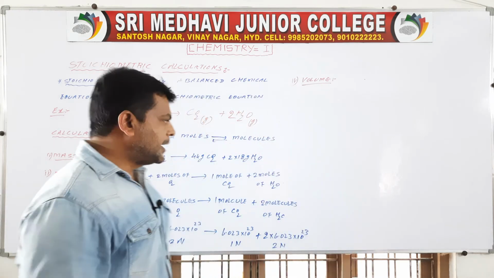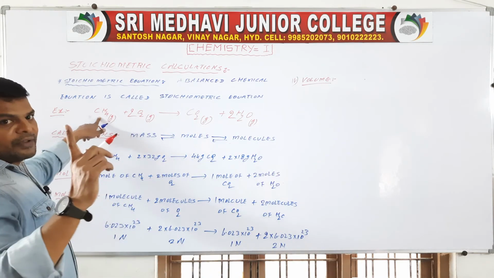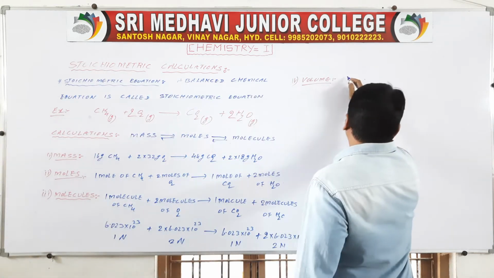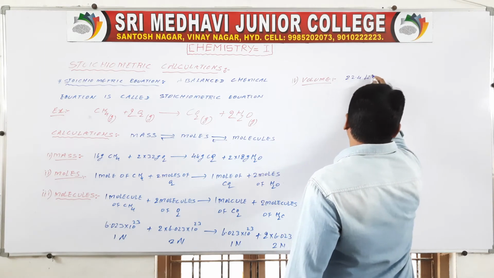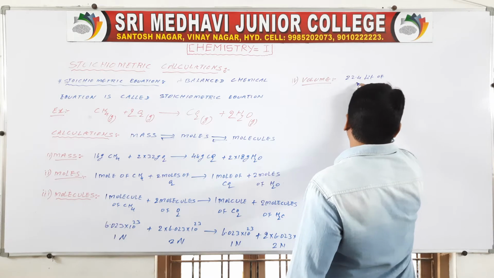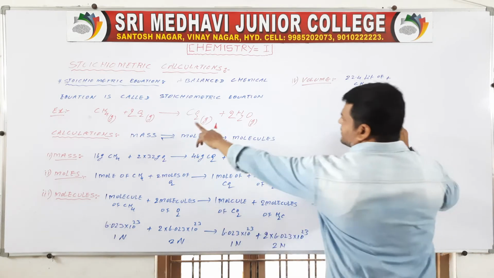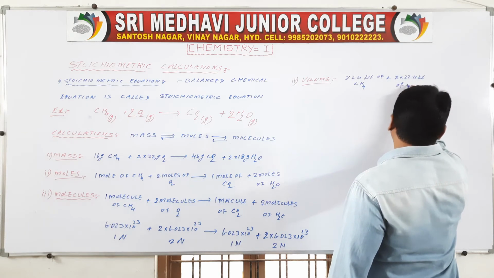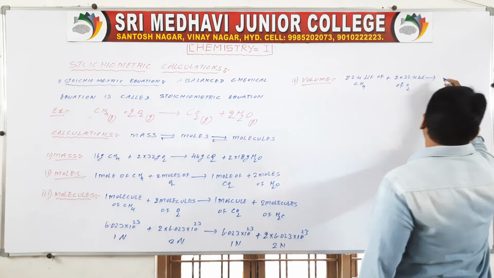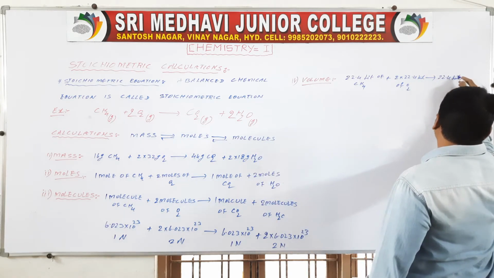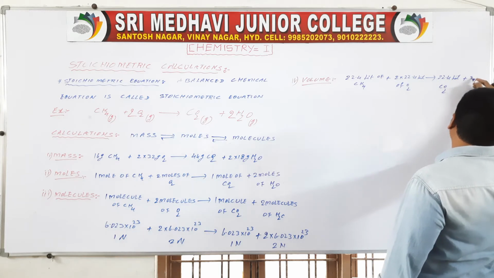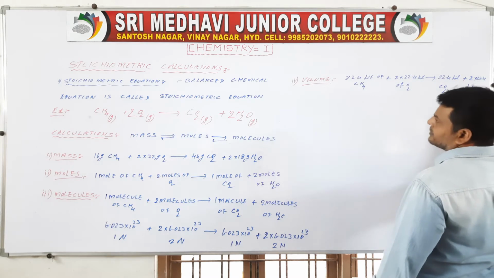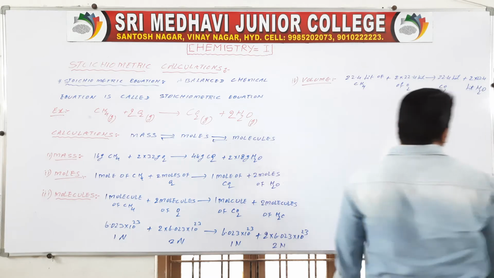Volume. 1 mole of any gas at STP occupies 22.4 liters, which means 22.4 liters of CH4 plus 2 into 22.4 liters of O2 gives rise to 22.4 liters of CO2 plus 2 into 22.4 liters of H2O.